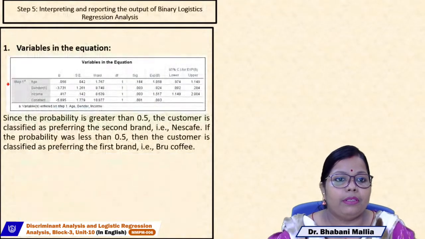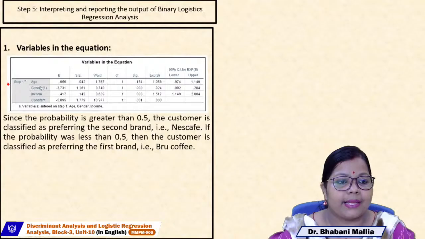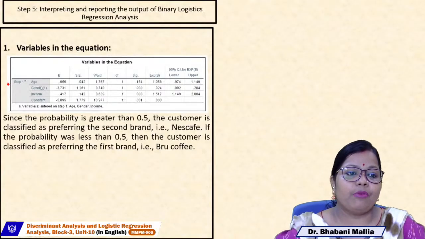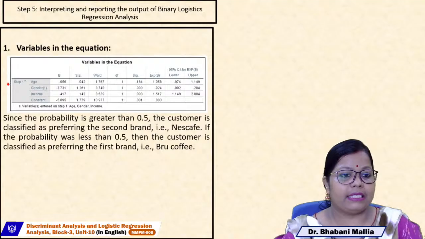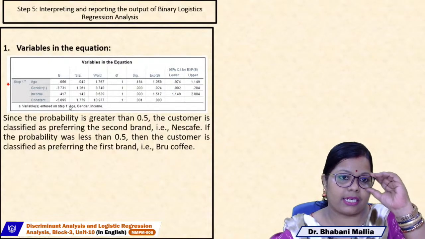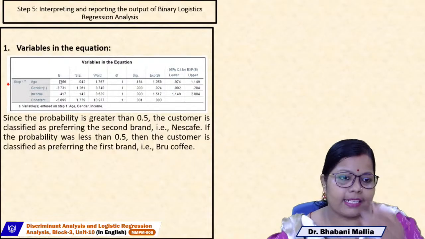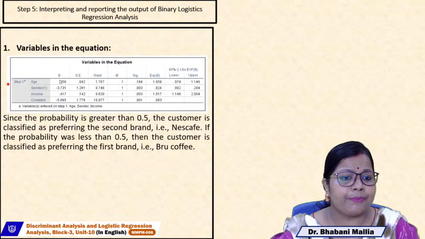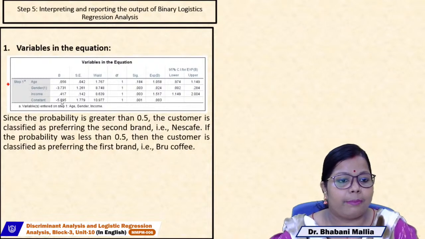In the variables in the equation table found by SPSS, the independent variables are age, gender, income and the constant, which is ultimately the equation of the logistic regression analysis. The constant here has the value minus 5.895.